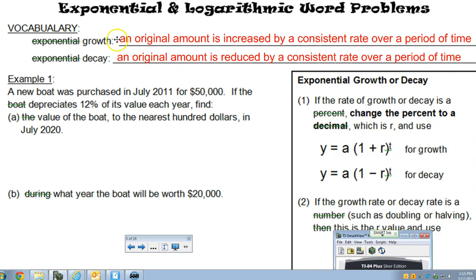Exponential growth basically just means you start off with an original amount, and then you consistently increase it by the same rate over a period of time. And then exponential decay, that just means, again, you start off with an original amount, and you reduce it by a consistent rate over and over again over a period of time. Okay, pause the video to write the definitions, and then continue after that.